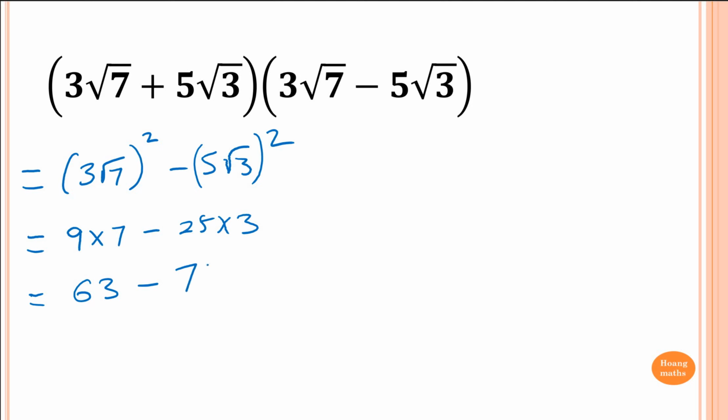Now, if you do it in your head, you just go 75 minus 63 instead of 63 minus 75, so it makes it easier. So 75 minus 63 is 12, but it's negative 12 because it's 63 minus 75. So that's all. Otherwise, just use your calculator. You write this out and then apply the calculator, or work this out first and then use the calculator, whichever way suits you.